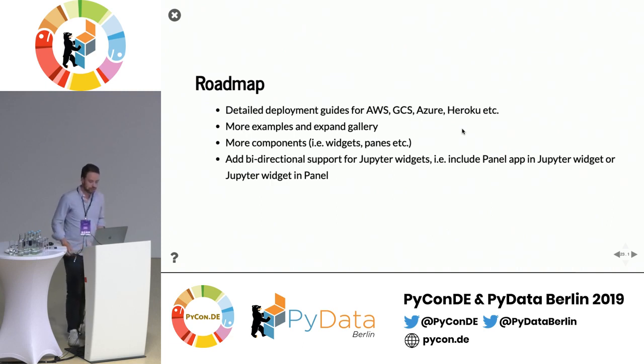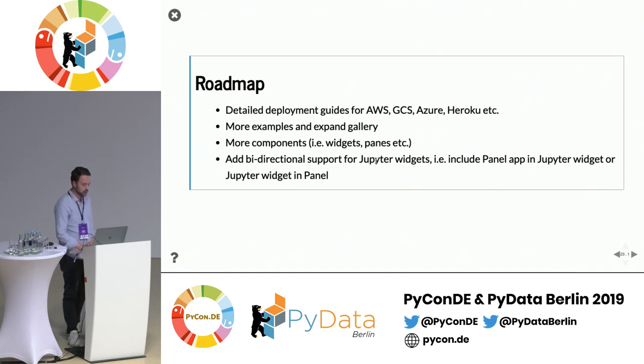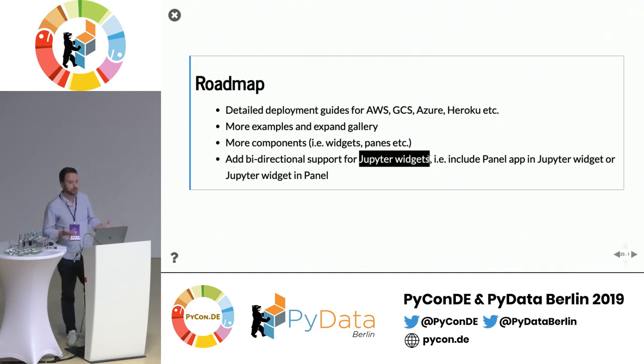Another nice thing that we want to do is add more components. Part of that work is that we've been engaging with some of the Jupyter folks to support Jupyter widgets bidirectionally. The Jupyter widgets ecosystem is fairly large. They've built a lot of nice components, and it would be nice if we could reuse those, right?